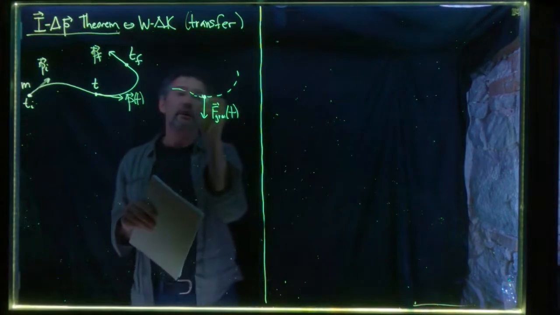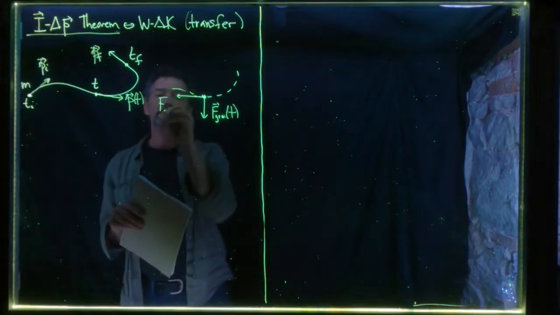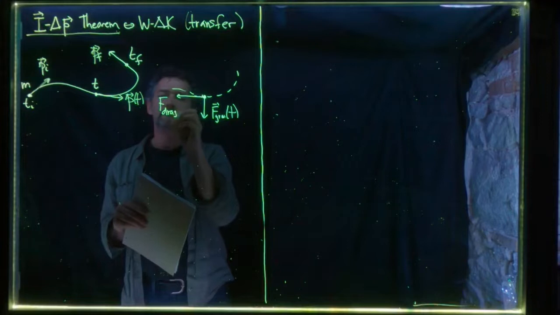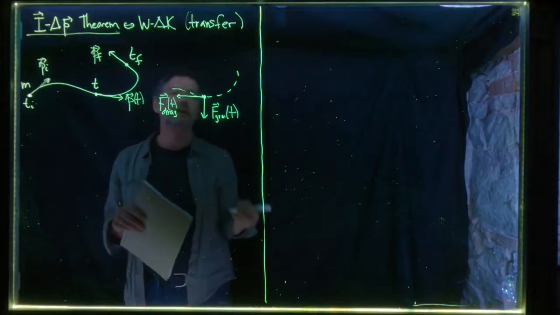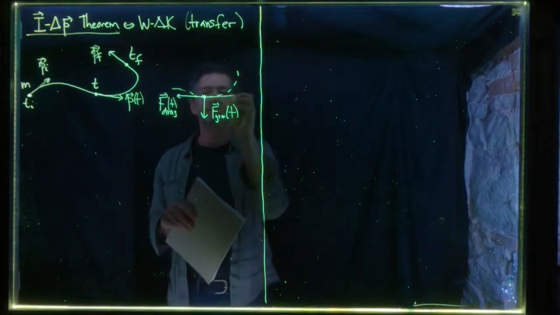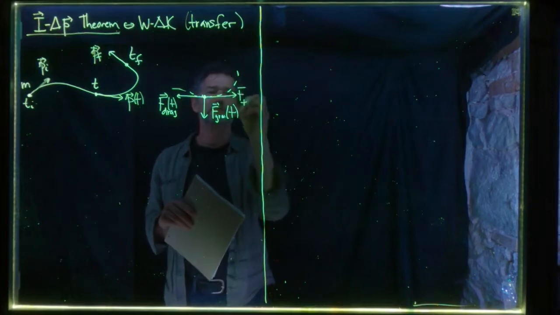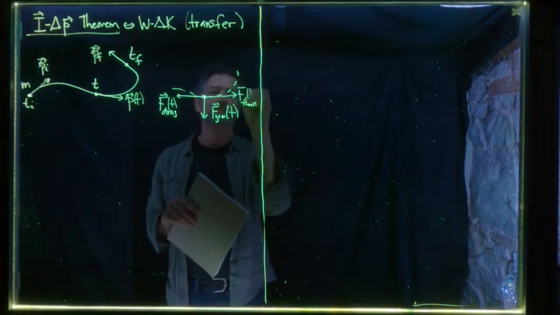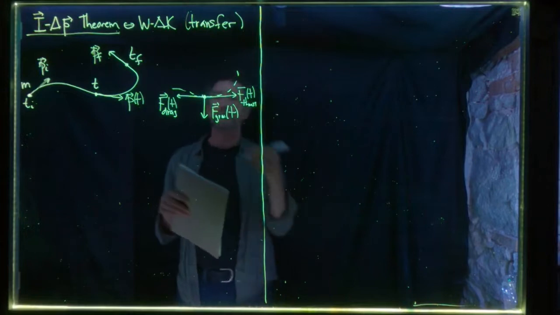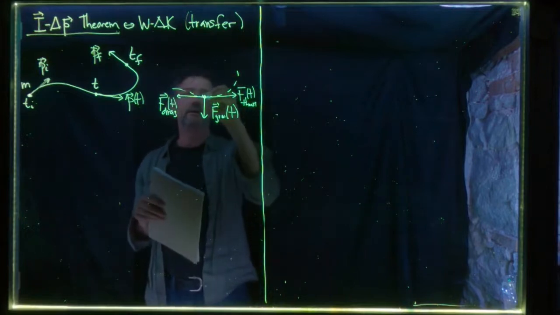There's a drag force at that instant of time, and there's a thrust force pushing forward at that instant of time, and there's some lift that's acting, and that lift is maybe not straight up.